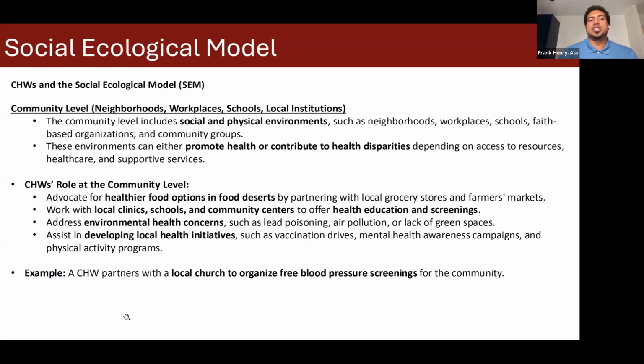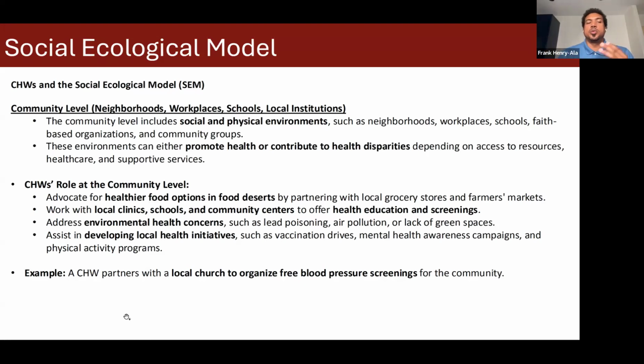At the community level, this is focusing more on the neighborhoods, workplaces, schools, and local institutions. The community level includes social and physical environments such as neighborhoods, workplaces, schools, faith-based organizations, and community groups. These environments can either promote health or contribute to health disparities, depending on access to resources, healthcare, and support services.